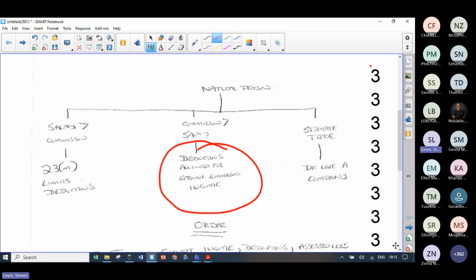So you could see you did your salary normally and your trade you treated like a company as part of that question. Now that was the 2025 January board question. So in the 2025 January board question, they gave you salary and they also gave you a separate trade. Very, very similar to what you did on Thursday. This question, okay, is you need to understand which one of the three it is.